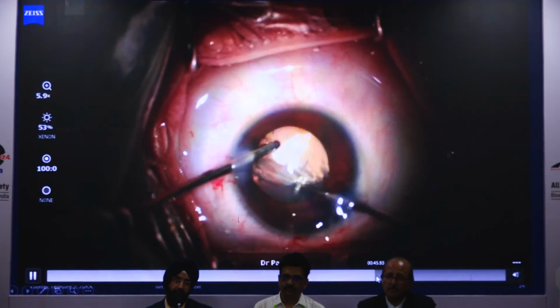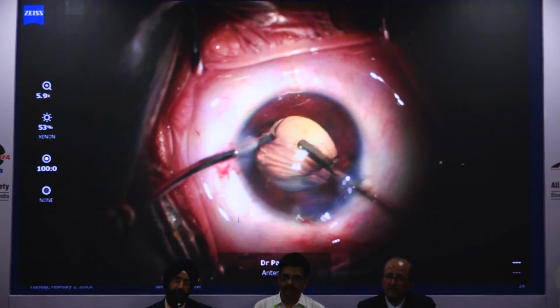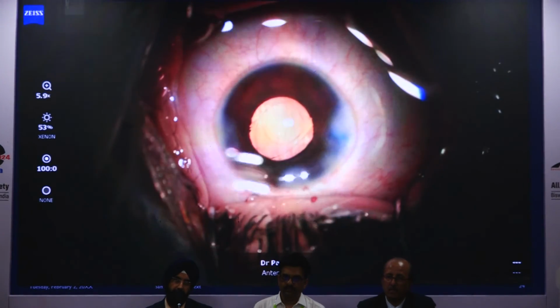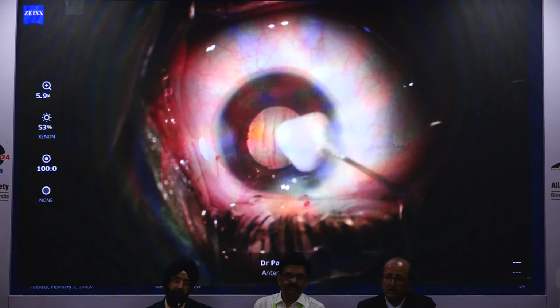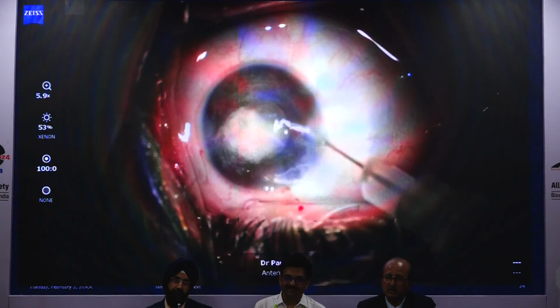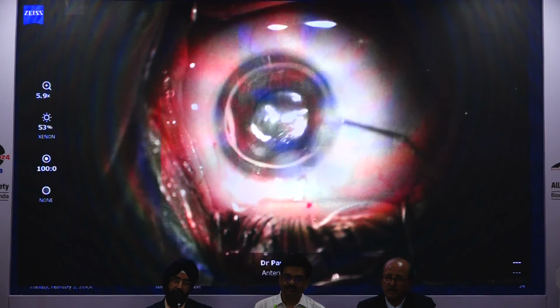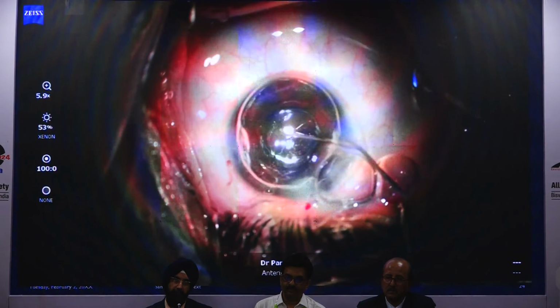This was a single piece which was implanted. Then we did capsulotomy and anterior vitrectomy, and then after hydrating, we put a wee bit of triamcinolone on and washed it off, and then put the air bubble.